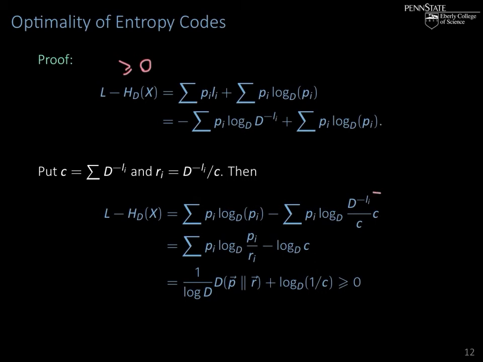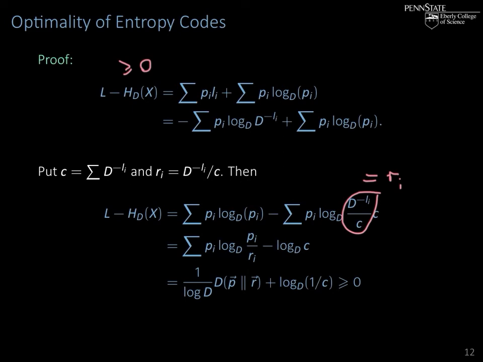But this term here, by our definition, is just ri. So now we can pull this together. So now look, contract the logarithm here, right? And get pi log_d of pi over ri, right? Because we have minus log ri, so it's pi over ri, plus the log that remains here from the constant factor c.